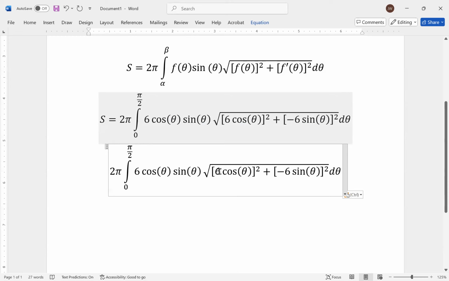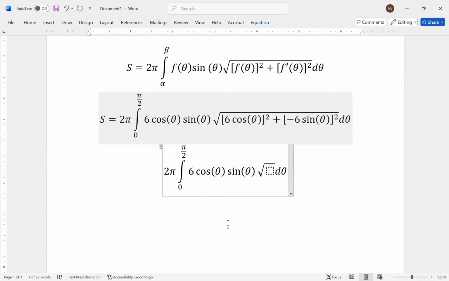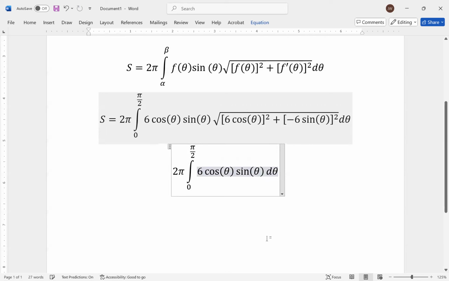So I'm going to end up with 36 times cosine squared plus 36 times sine squared, which when we add those up just gives me 36. Square root of 36 is 6. If I take 6 on the back end times 6 in the front end, I get 36 there as well.